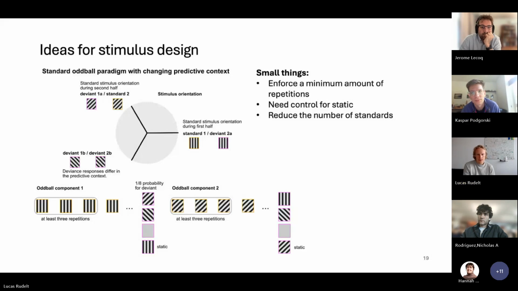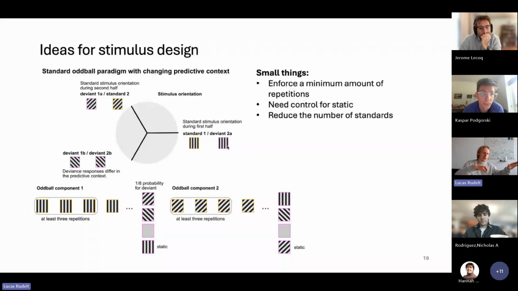Right. Yes, I think that's a very interesting design. It also enables us to do a similar analysis to the one done in the Fuotashi 2024 Nature paper from Sonja Hofer's lab, where they vary not only the predictive context, but also the stimulus of the deviant.